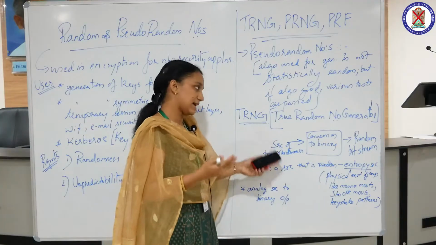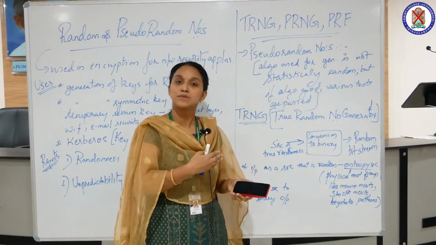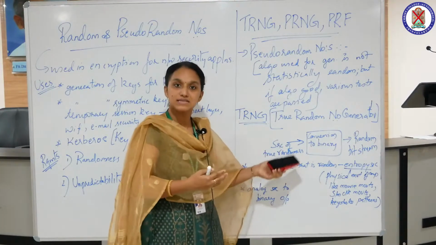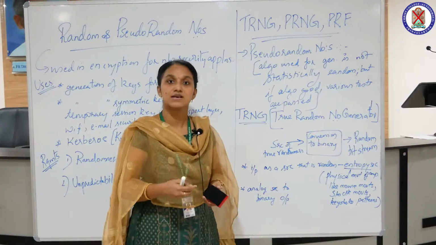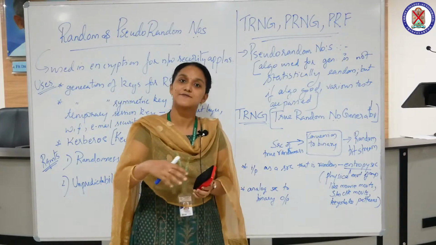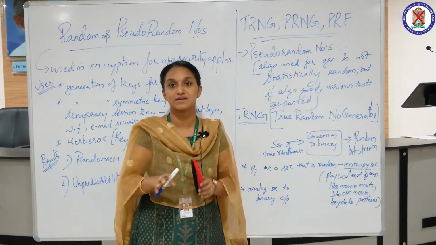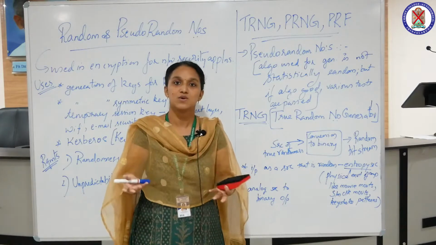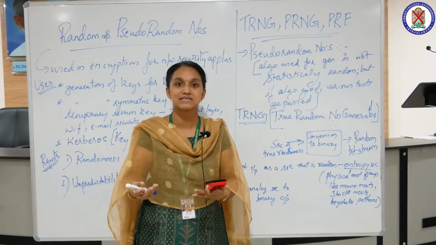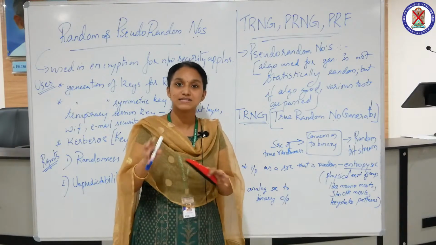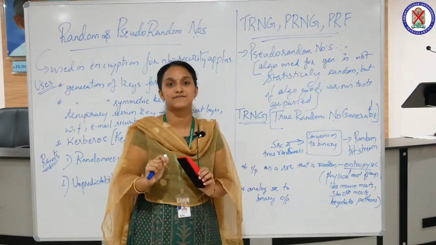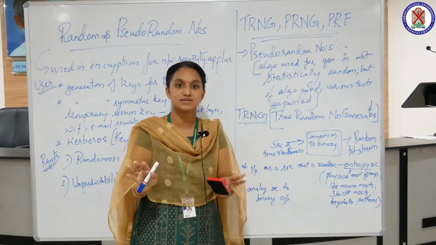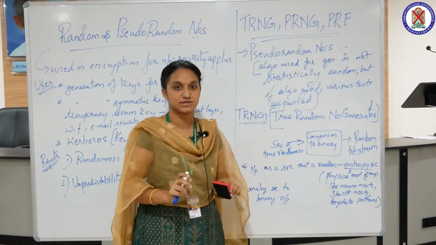So for TRNG the input is a source, and this input source can also be called the entropy source, because an entropy source means the physical environment of the computer. What is a physical environment? The mouse clicks, the keystrokes, the disk movements, the system clocks, all of these are the physical environment. So all this can be considered as the input source. Clear?